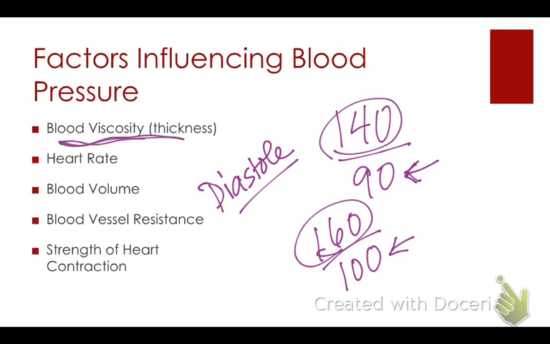Well, the thickness of your blood. If you're dehydrated, your blood pressure can go up. Blood vessel resistance. What's going to resist? Well, if your arteries are hardened because of atherosclerosis or arteriosclerosis, any hardening of the arteries, any buildup of deposits, cholesterol deposits on the inside of your arteries, it's going to cause that lower number to be higher, and that's the one that we really worry about.